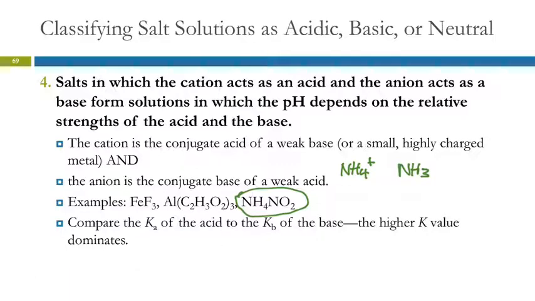So this is going to make the solution acidic, right? The NH4 plus is going to make it acidic. But when we look at the NO2 minus, that's the conjugate base of a weak acid, and so that's going to make the solution basic. So we have opposing things. The stronger one is going to win. So you compare the Ka of the acid to the Kb of the base. And the higher K value dominates.